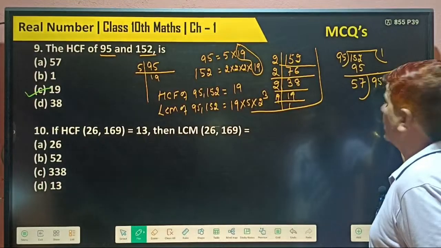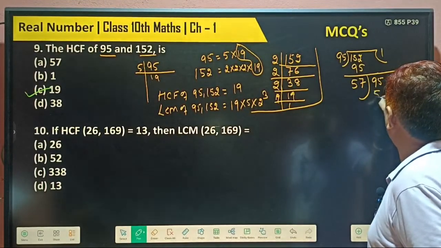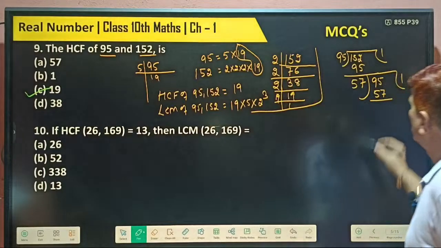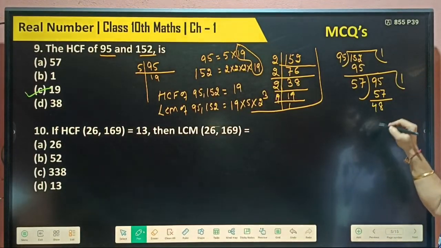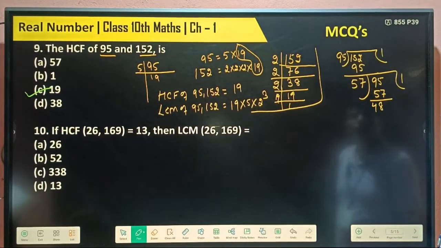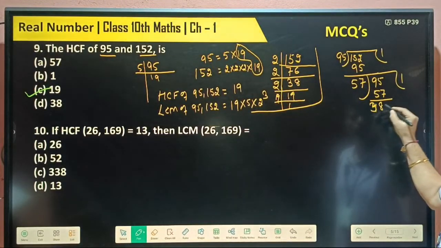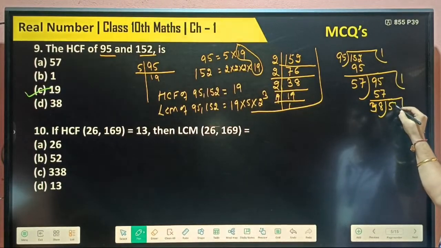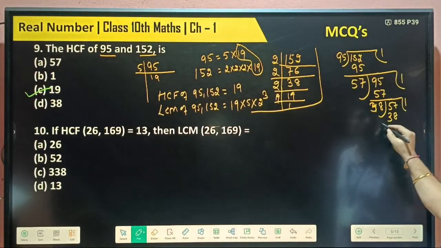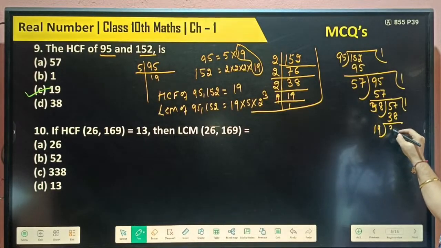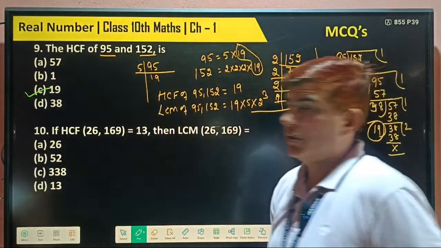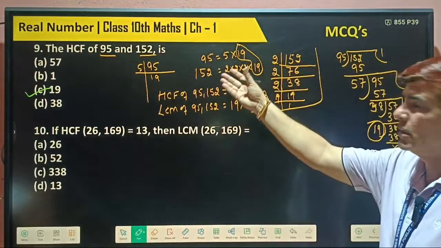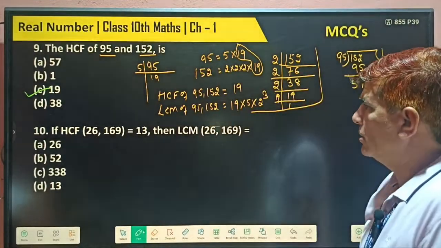Again divide 95 by 57. 1 time 57, how much left? 38. Then 57 divided by 38, 1 time 38, left 19. 38 is 2 times 19. And what's the HCF? 19 is the HCF. This is the division method. The other is the factorization method, the prime factorization method.